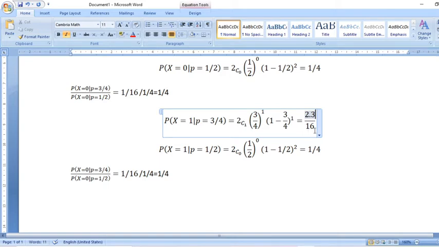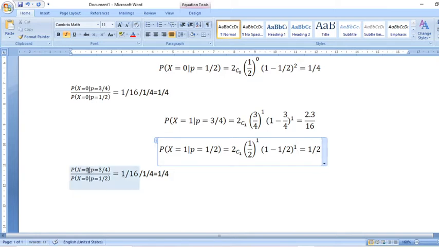And for the denominator it is 2 into 1 by 2 into 1 by 2, that means 1 by 2.